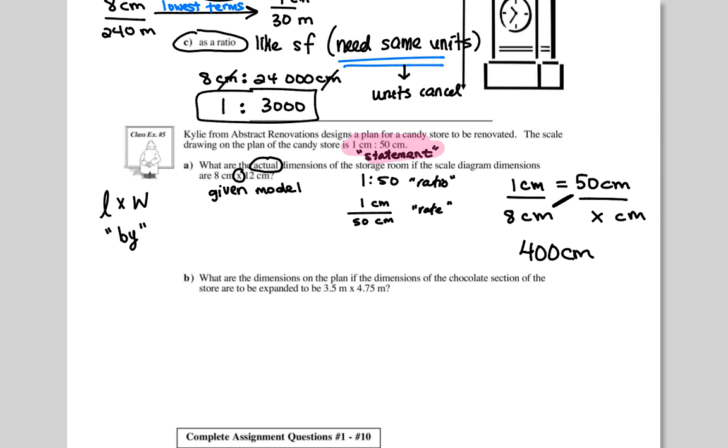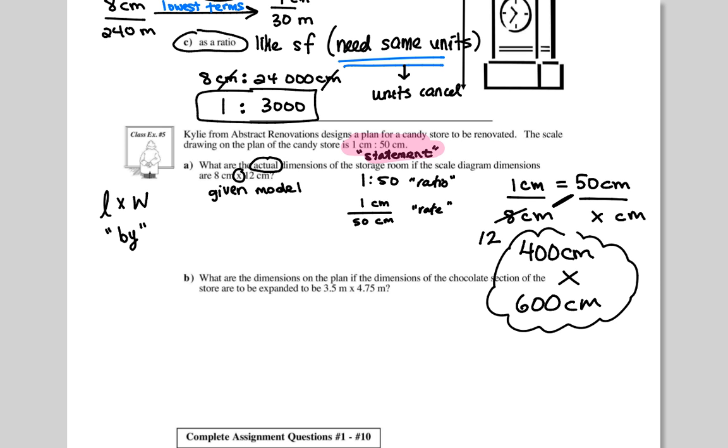And the 12 will be identical. You just got to times by 50. So change that 8 to a 12 and do it again. 12 times 50 and I get 600. So these are the dimensions of the actual room, not the scale, the actual.